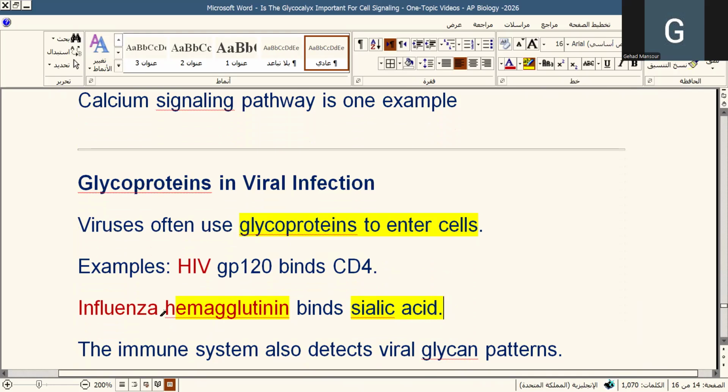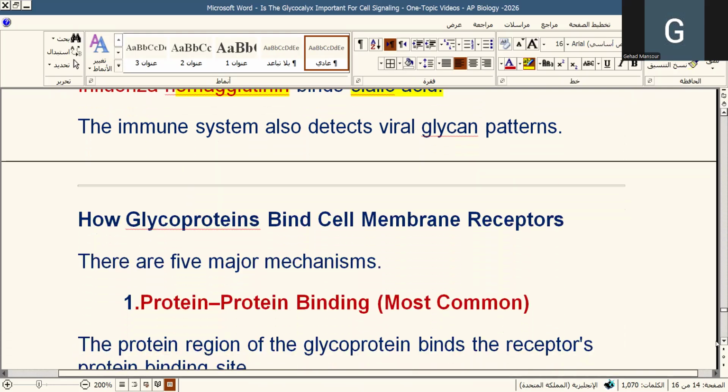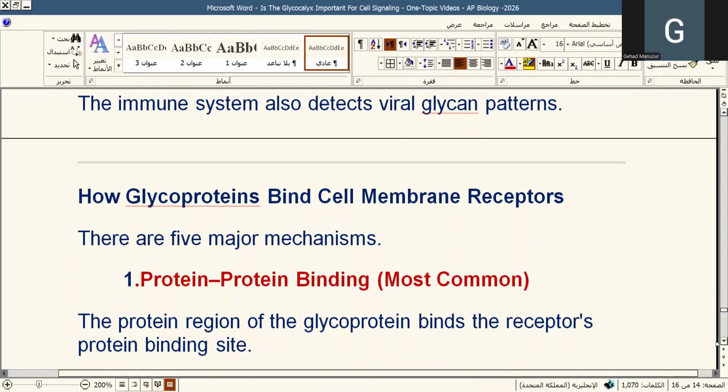So the influenza virus has certain glycoproteins on its surface, and these glycoproteins act as receptors for the sialic acid on the surface of healthy cells, and that helps the virus attack the cell. But at the same time, they are useful because they help the immune system recognize the pathogen.